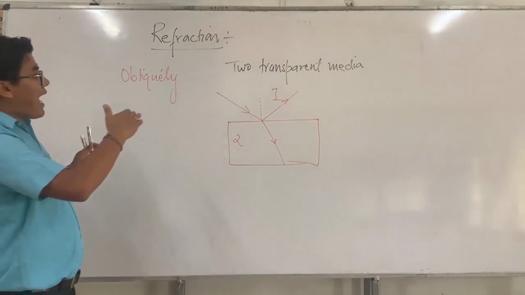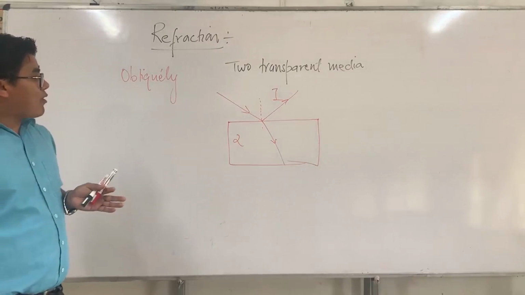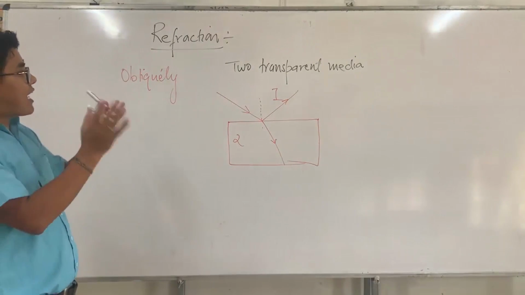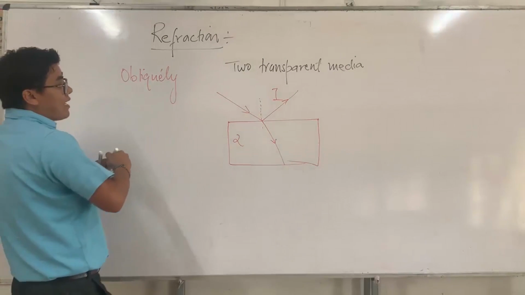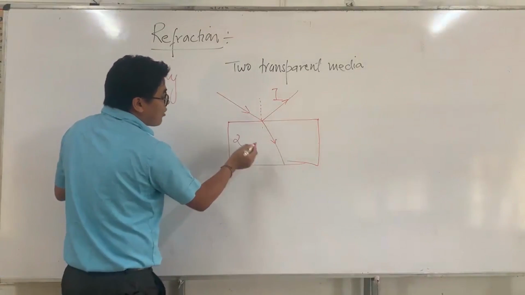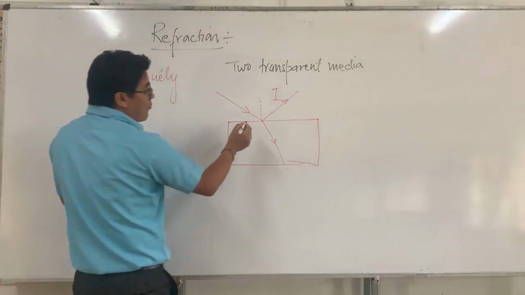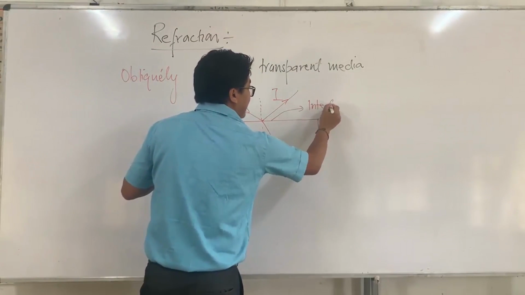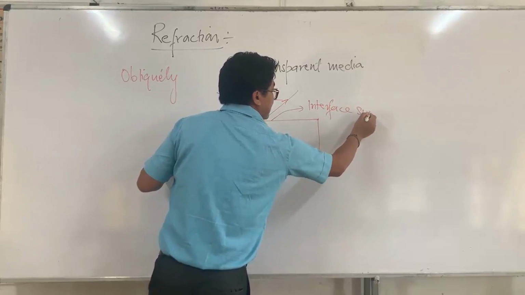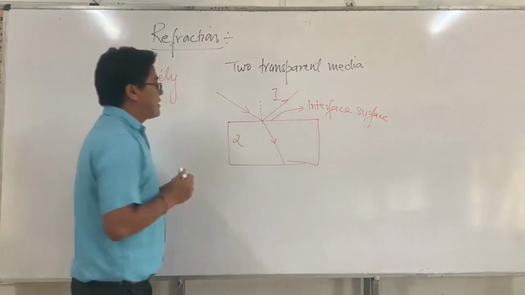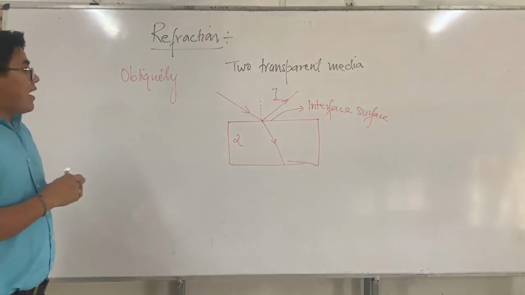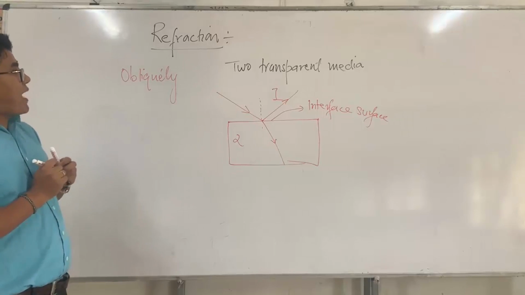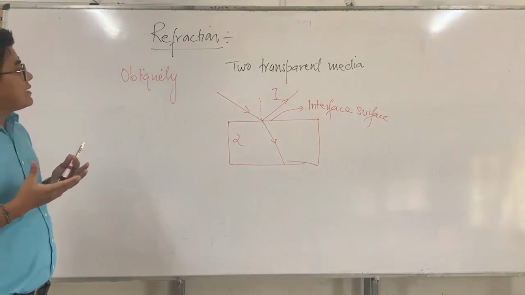So when a light travels obliquely from one transparent medium to another, the light undergoes bending at the interface surface. And this bending is what we call refraction of light.